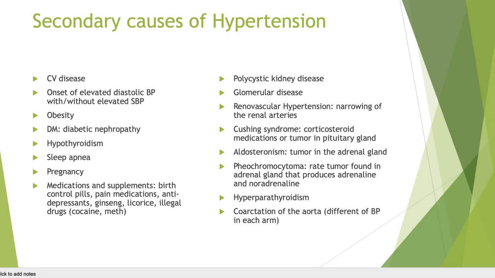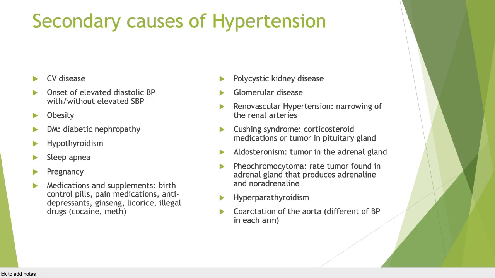Secondary causes of hypertension. This is very important to keep in mind. If you don't treat the secondary cause of hypertension, you're potentially not going to get anywhere with these patients. So obviously cardiovascular disease, very important.